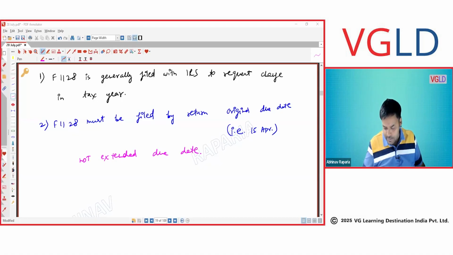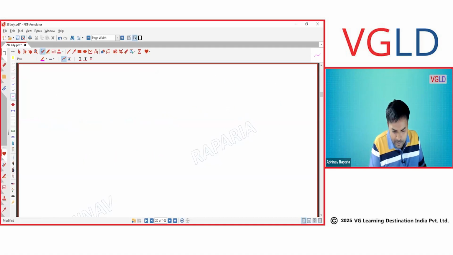Generally, IRS allows this because, obviously, if you don't have any wrong intention for doing that, IRS allows it if there is no wrong intention of doing it.